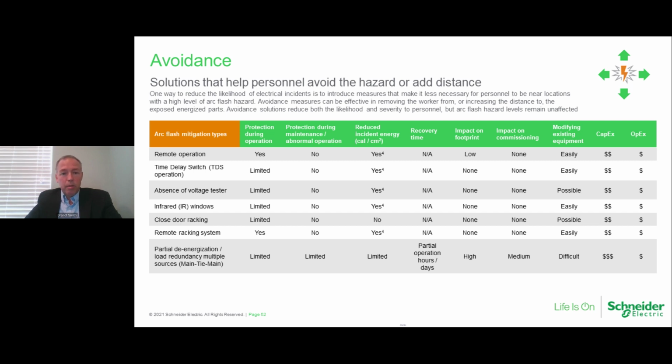Avoidance is typically a minimal impact one, although it depends. Some companies, to avoid arc flash when their people are working on their equipment, go with a main-tie-main type concept so they can de-energize a part of their equipment.